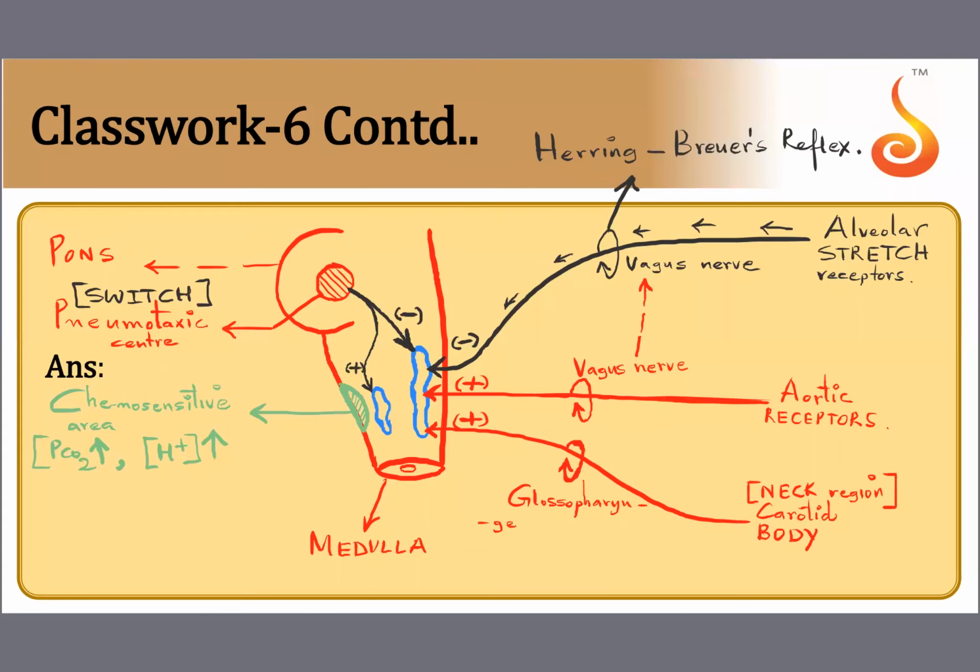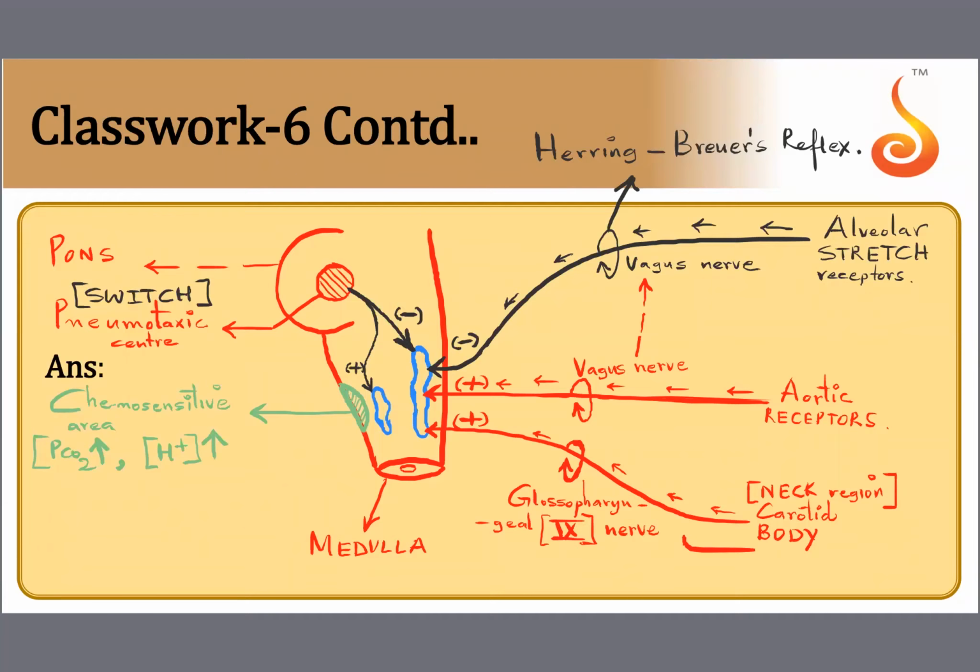We call it the glossopharyngeal, which happens to be the cranial nerve 9. So all these are sending their signals up into the dorsal respiratory group. They are not sending negative signals, they are exciting the dorsal respiratory group.